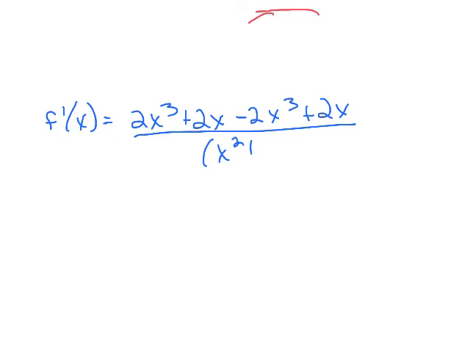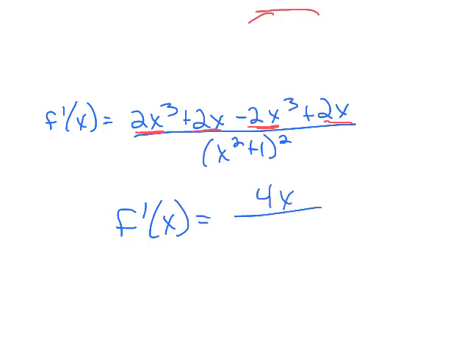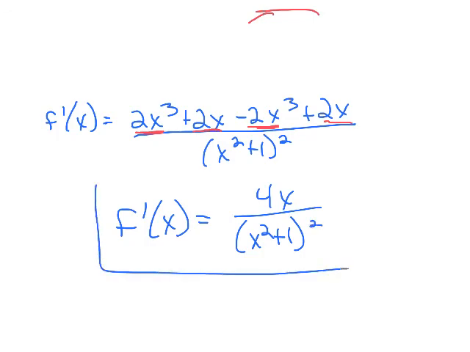The denominator I leave in factored form, and you can see that my 2x cubed and my negative 2x cubed are going to add to 0. 2x and 2x are going to add together, and I end up with 4x in the numerator. So my final derivative, f prime of x, is equal to 4x over x squared plus 1, quantity squared. That is the first derivative using the quotient rule, and we will be practicing more of this in class.